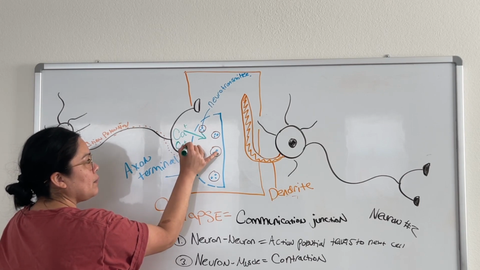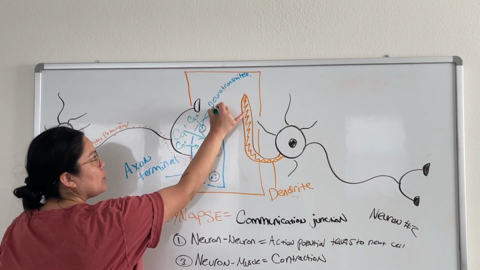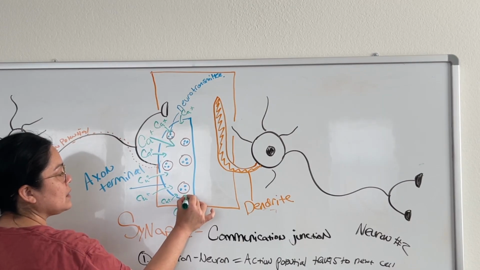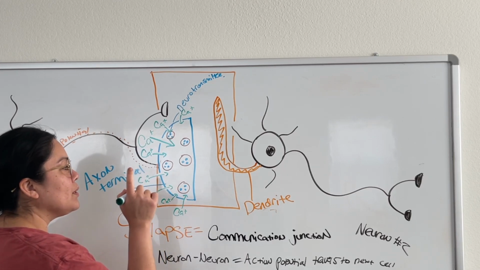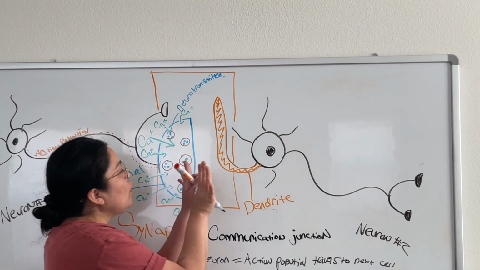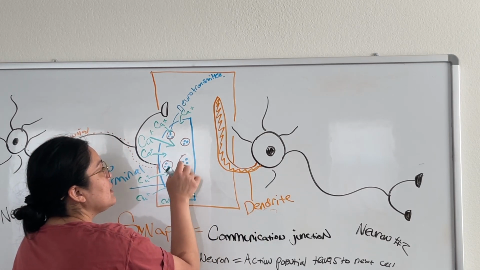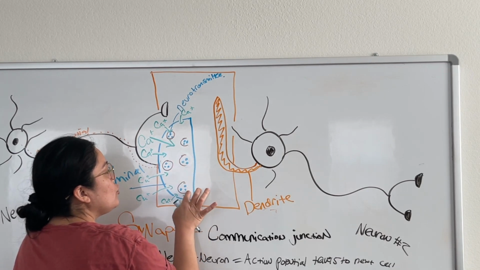So calcium is going to flood the terminal. Once calcium goes in, it is going to signal these little vesicles to move towards the dendrite, open up, and release those neurotransmitters.